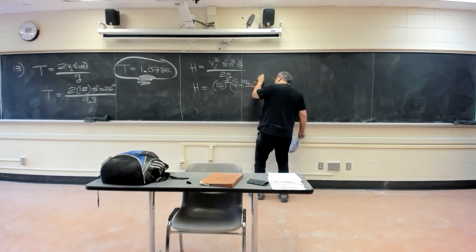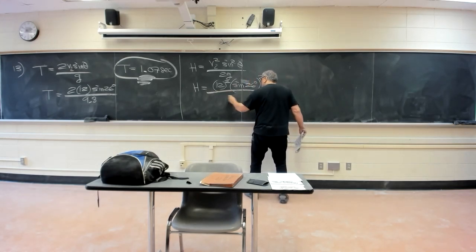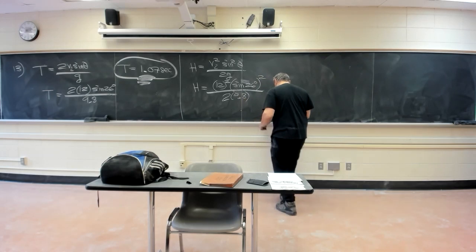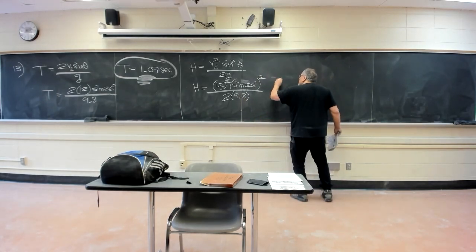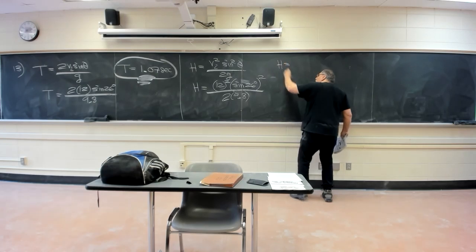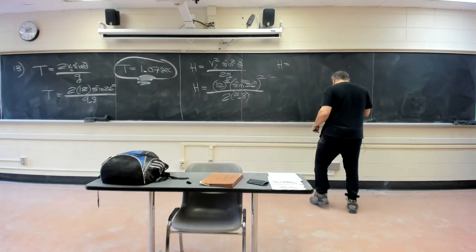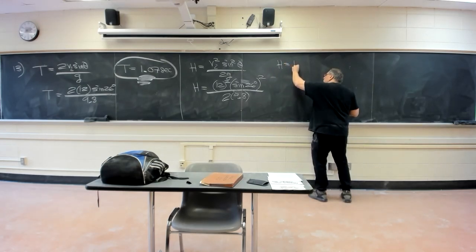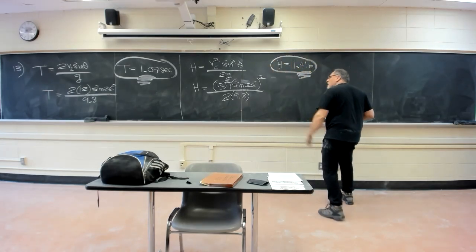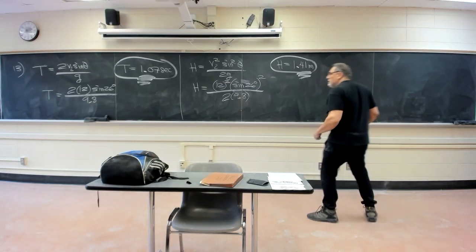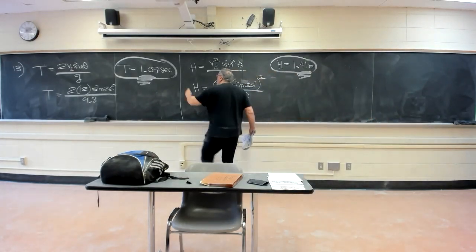When they got it like that, they want that quantity squared over 2 times 9.8. How high did they get? Pretty high. Very impressive. 1.41 meters. And that was 14.